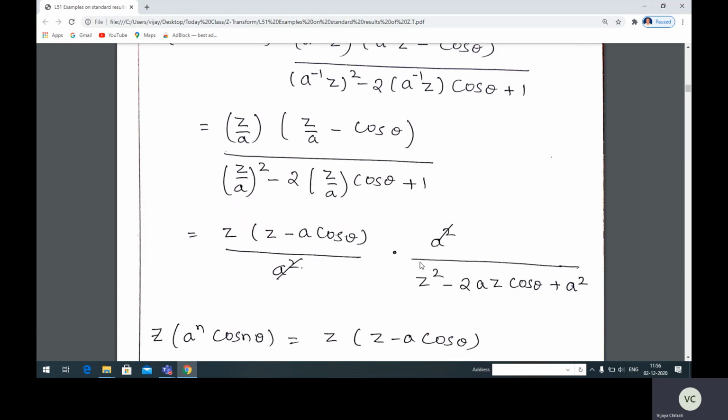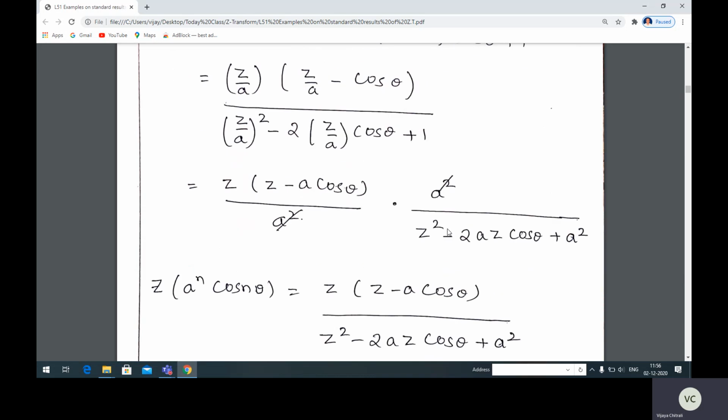Take the reciprocal, and a square cancels. So the Z transform of a^n cos n theta is equal to (Z minus a cos theta) divided by (Z square minus 2aZ cos theta plus a square).